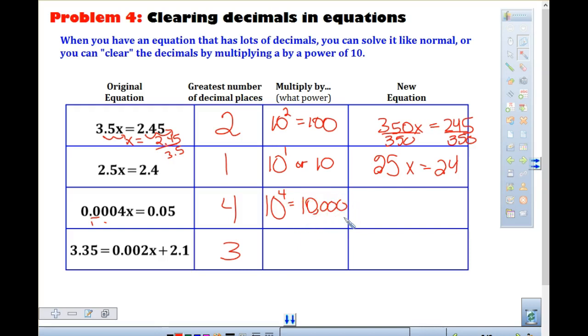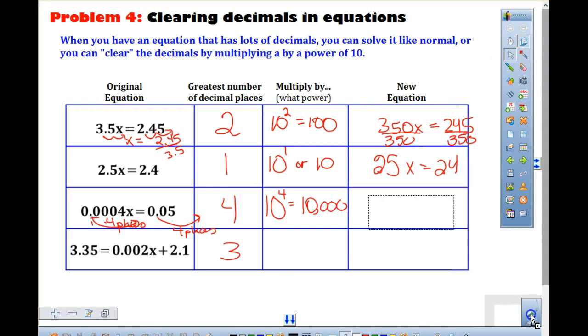That's what 10 to the 4th means. And what that really means here is you want to move this decimal 4 places, right? I want to move it over 4 places, and I need to move this one the same number, 4 places. What is my new equation going to be if I'm moving them both over 4 places? The first one is going to be just x, right? The second one, when I move it over, is going to be 500.